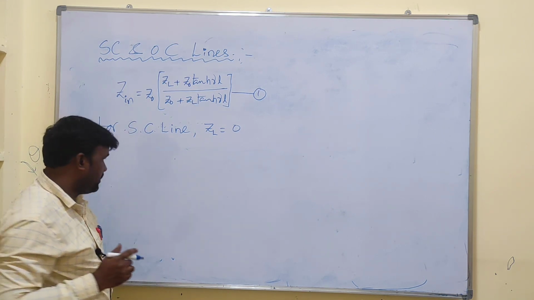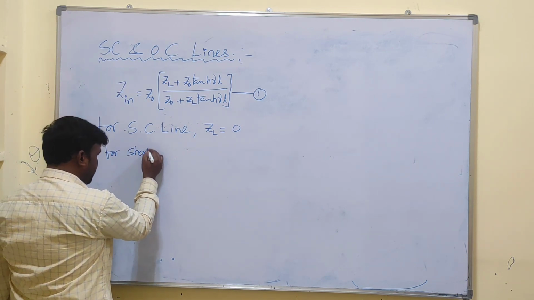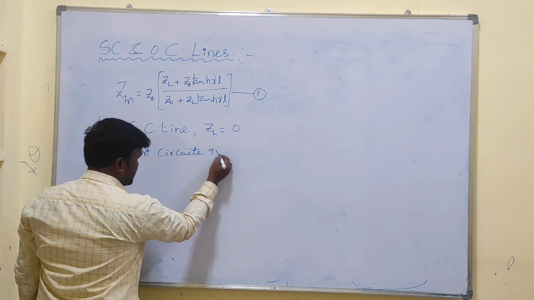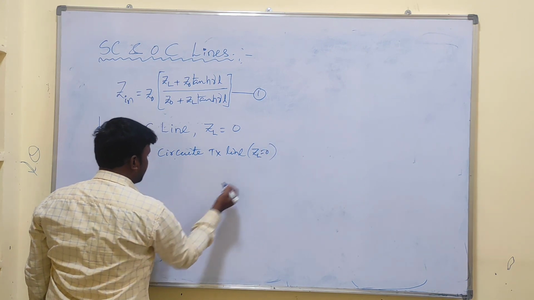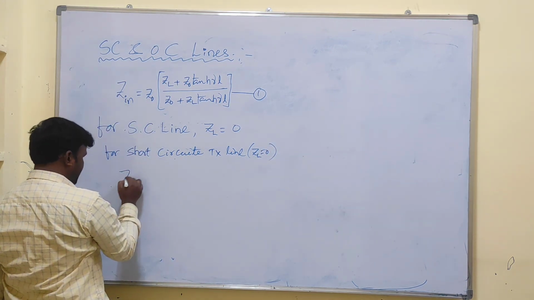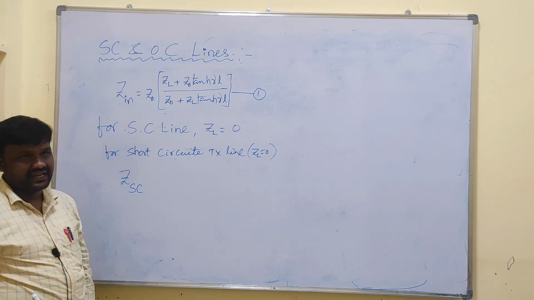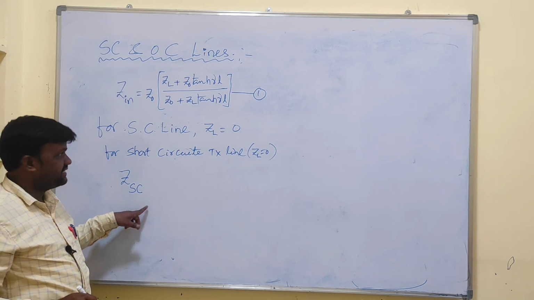So for the short circuited transmission line, that is ZL equal to 0, we have the Zin. Zin now becomes the input impedance of the short circuited line. I am representing that as ZSC.